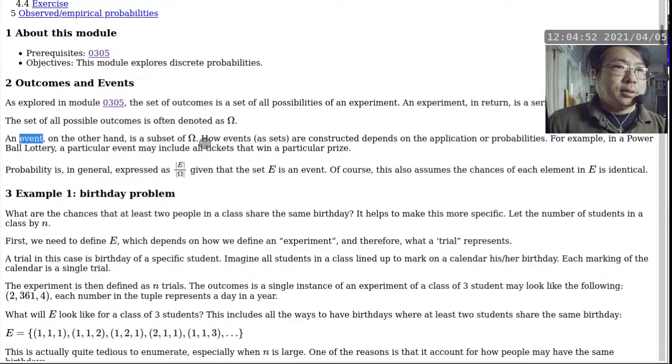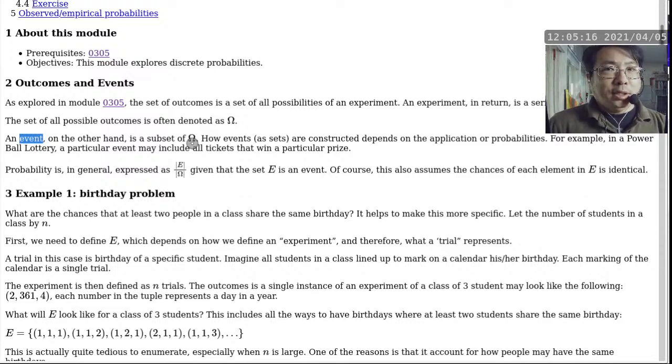I want to make sure that you guys are awake. If I use E to denote an event, we know that E is a subset of omega, but we also know it is not a proper subset of omega.